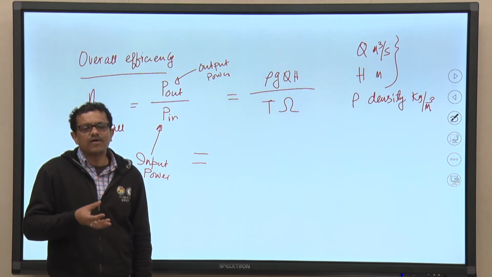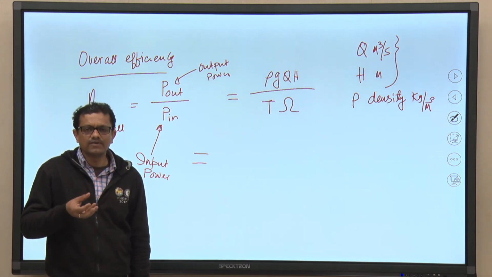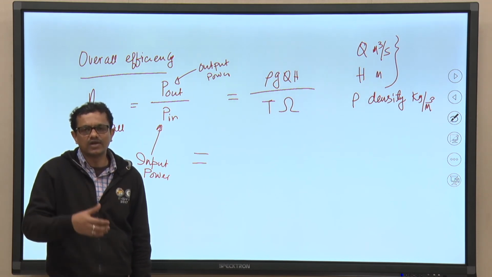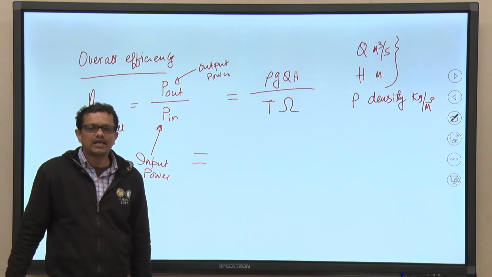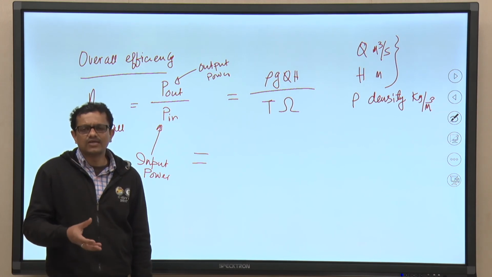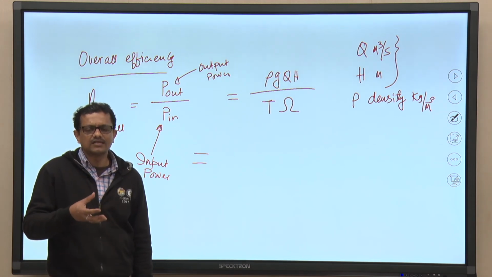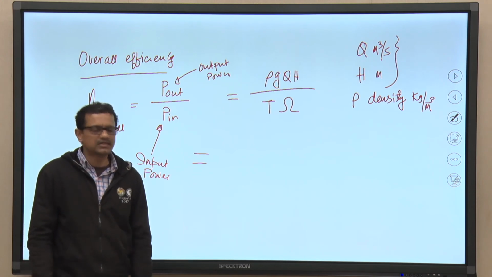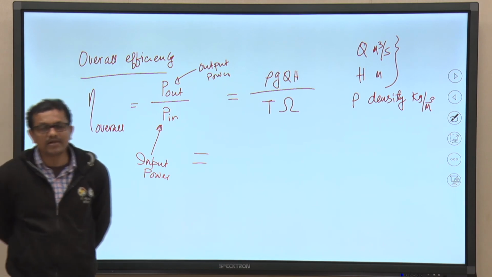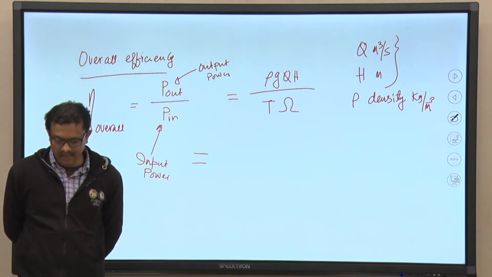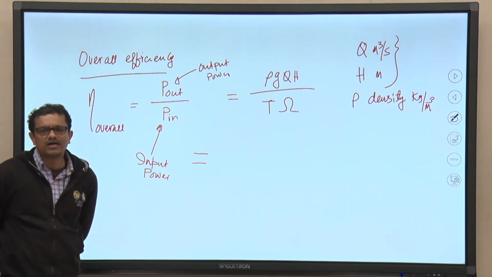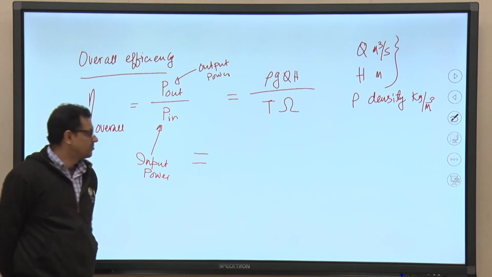Then the leakage of flow rate, since the volumetric flow rate available at the eye of the impeller is not equal to the discharge at the outlet, there must be leakage of water or any fluid through the casing, glands, joining parts, etc. This flow rate loss is taken care of by the volumetric efficiency.